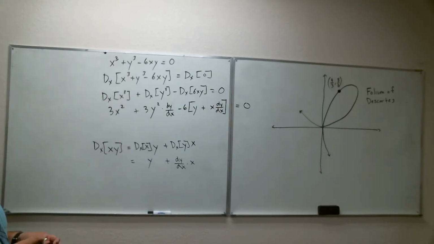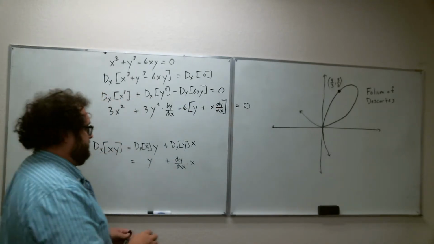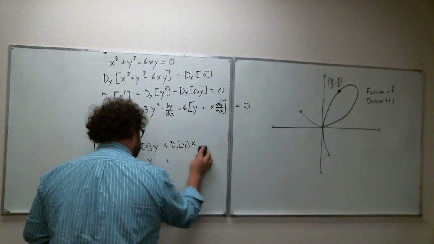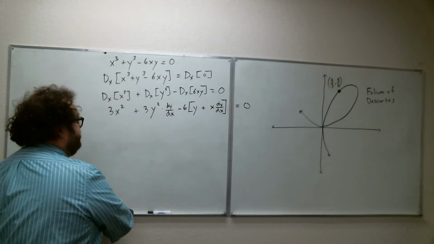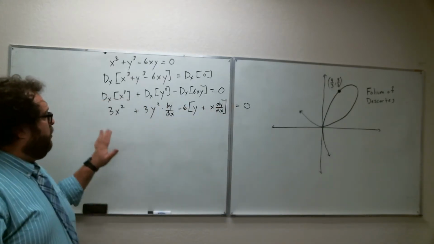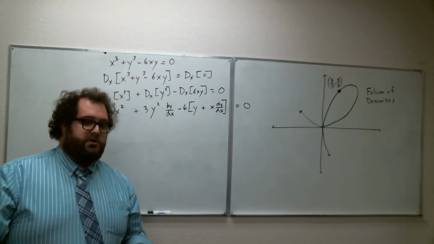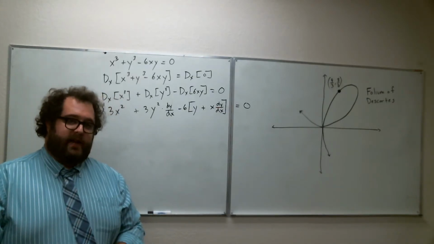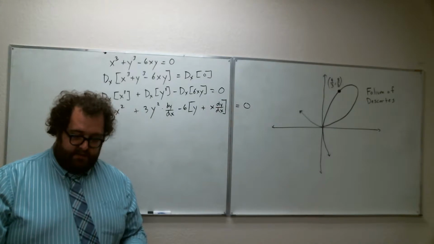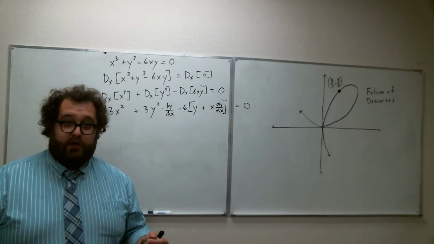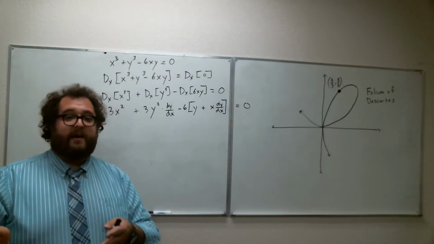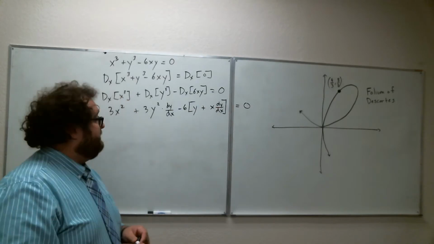Okay? So we need to clean this up a little bit. Now the way implicit differentiation works is, once you take your derivative, you're trying to solve for dy/dx. So treat dy/dx like a variable. You're going to collect like terms, factor, and solve for dy/dx.